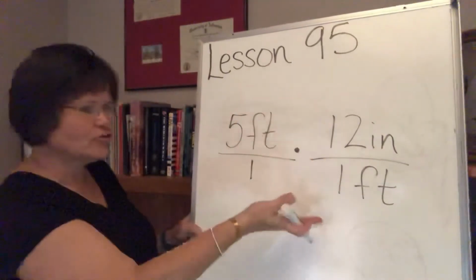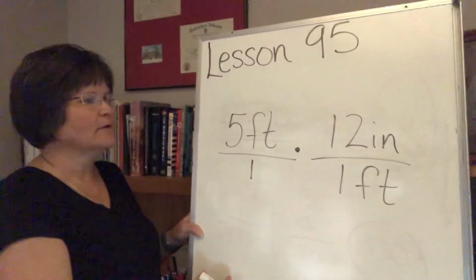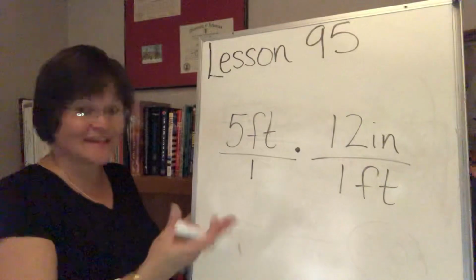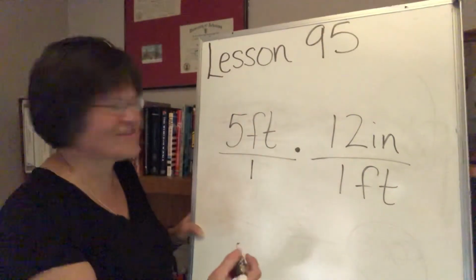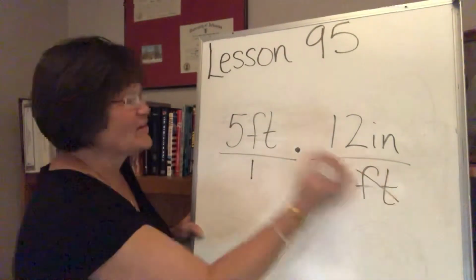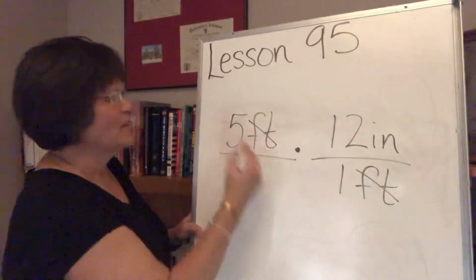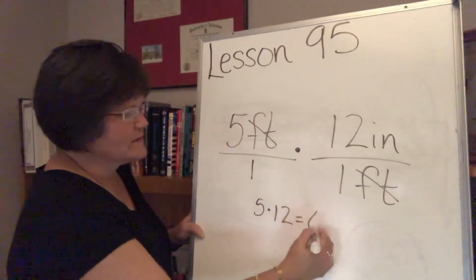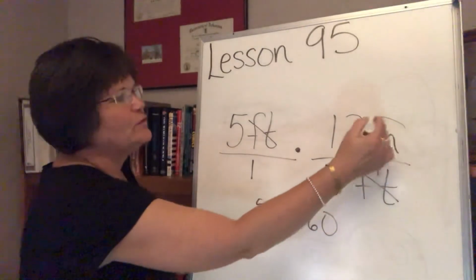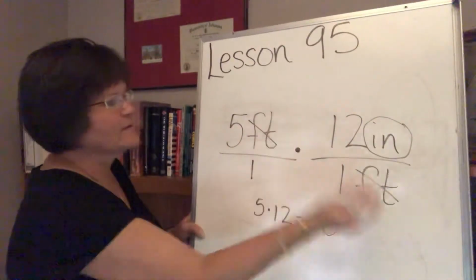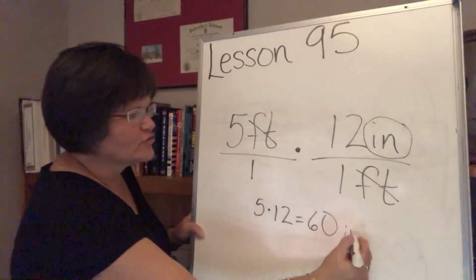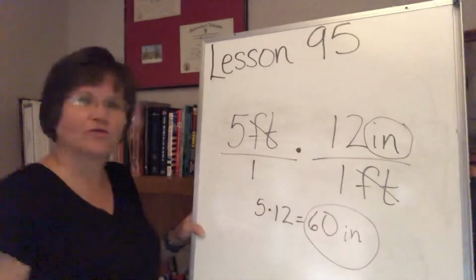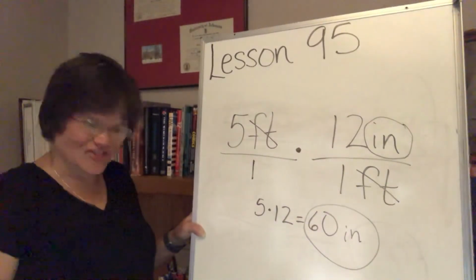So how many inches would be in 5 feet? I know right now you're all saying 60. We can cancel out the feet, and we know that 5 times 12 is 60. What is the unit that we're left with after we cancel out the feet? It's inches. So the answer is 60 inches.